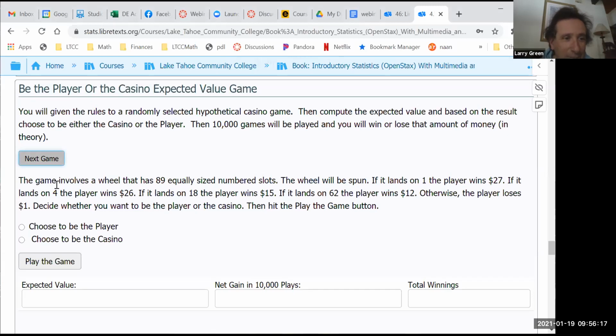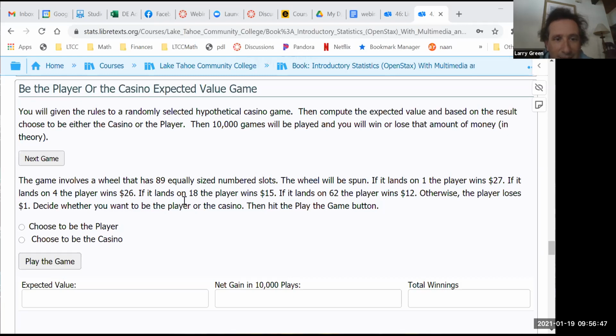Okay, here. The game involves a wheel that has 89 equally sized number slots. So it's basically roulette, except the numbers are a little weird. The wheel will be spun. If it lands on a 1, the player wins $27. If it lands on a 4, the player wins $26.